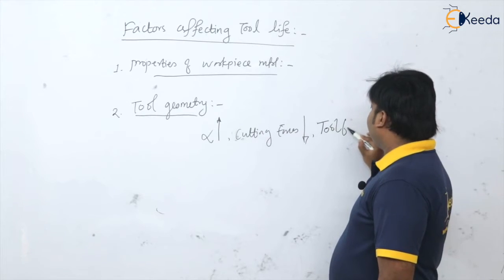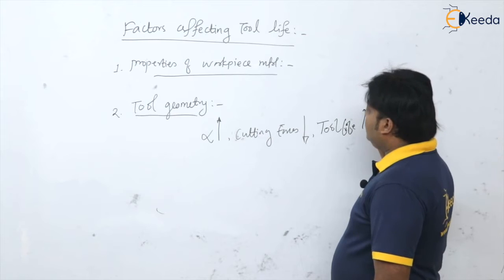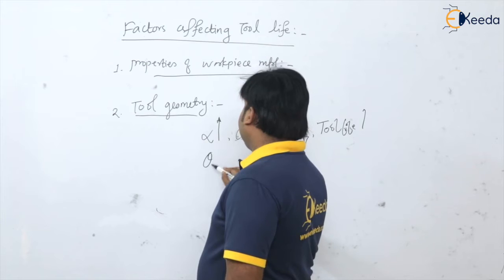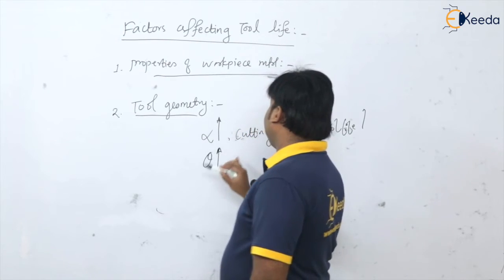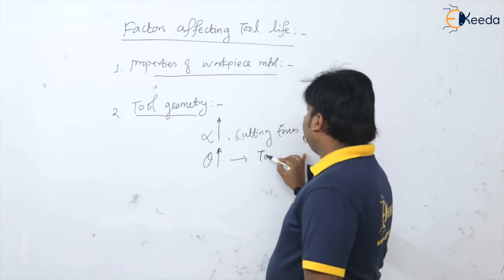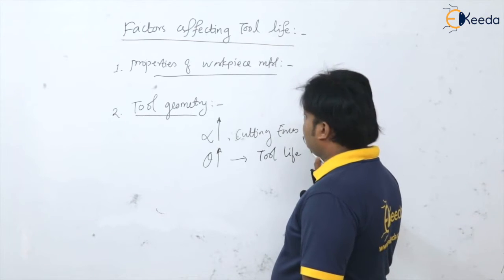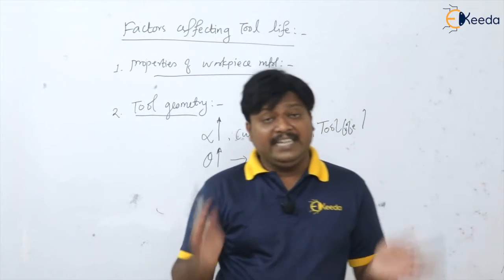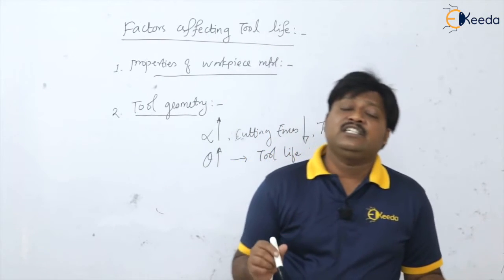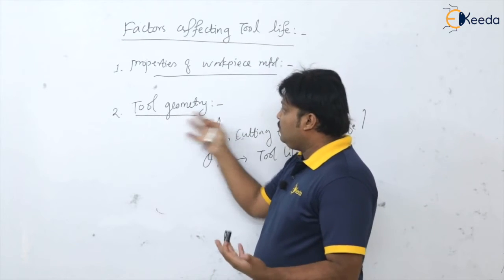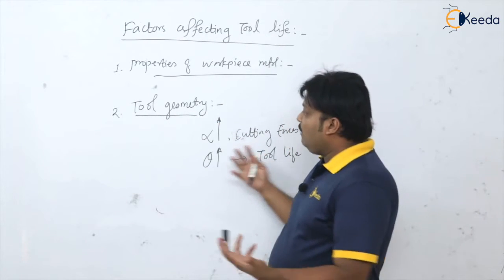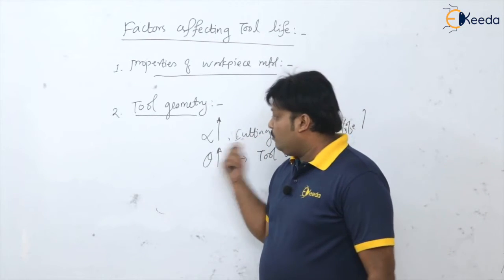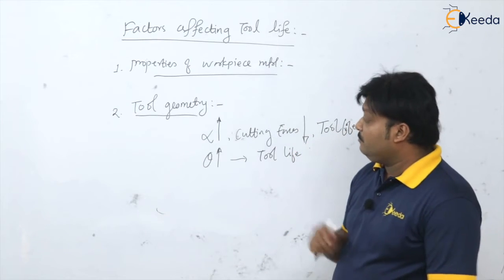So tool life goes on increasing when the rake angle increases. Even when we increase the relief angles, then also we can have an increase in tool life, that we have seen, isn't it? So this is how the tool geometry is also affecting the tool life. But again, there is no quantitative relationship between the tool geometry and tool life. We have only empirical relationships or experimental observations with us.